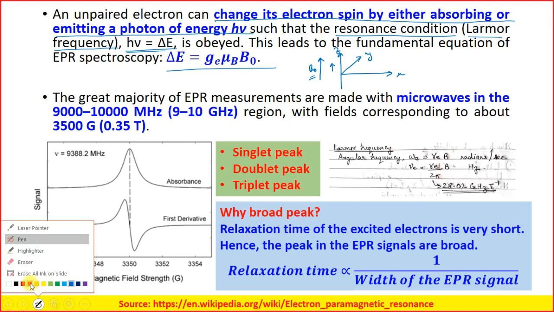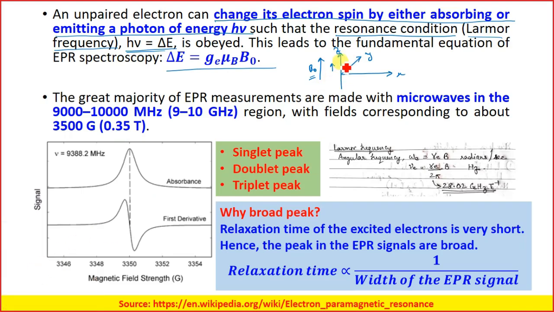So what is happening? If you see the net magnetization vector, it is in the z direction. Now when you are applying h mu, which is in the microwave region, it is flipping to the high energy state.